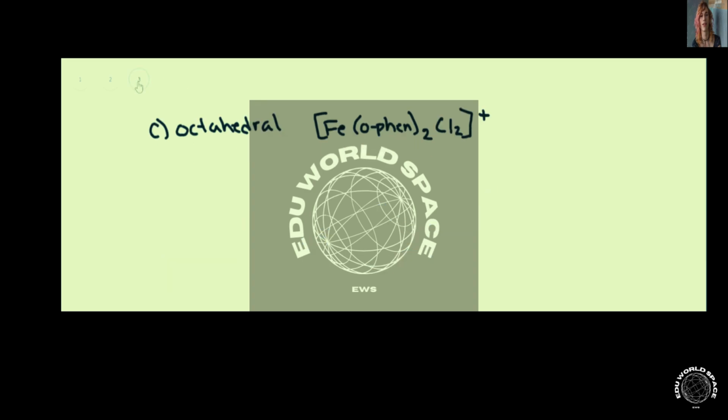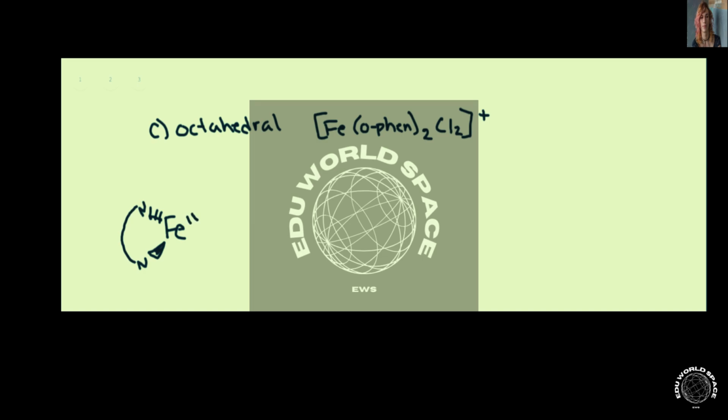For part 3, we have an octahedral, so this has 6 things coming out of it, where we have the iron, and then this O-phen, which is a nitrogen-based compound. So we're going to show that by a nitrogen, and then another nitrogen, and a loop between them.